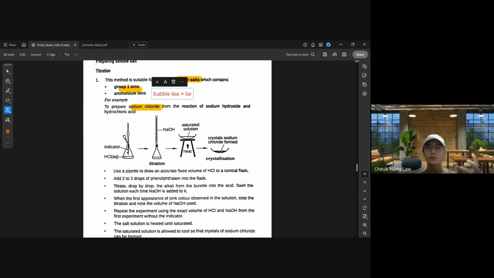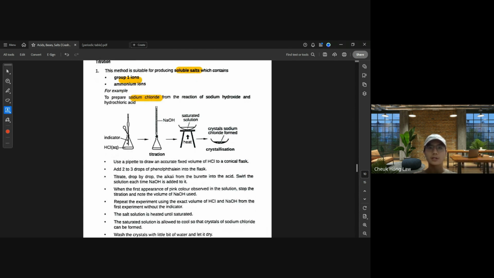That's why they always produce a consistent bubble tea. So making bubble tea is like titration. You have your acids and the alkali to mix together, but you want the exact volume that makes a pure salt, which in this case is sodium chloride.